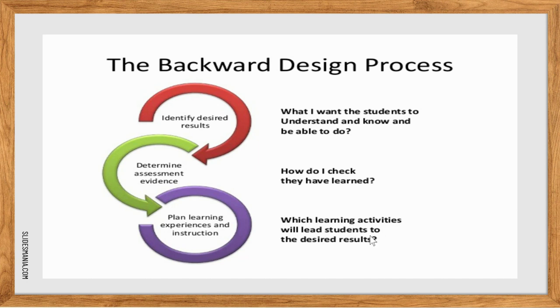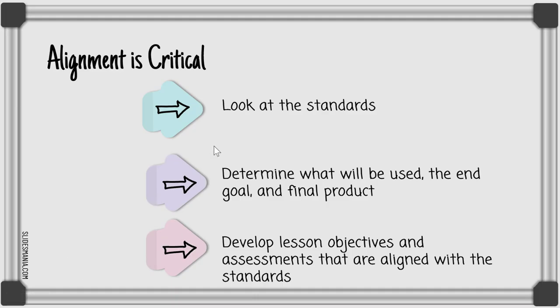And what activities are going to help lead to that end result? While we do this, making sure that your lesson or your unit is aligned to the standards is very important. And that is why little steps are going to be crucial.